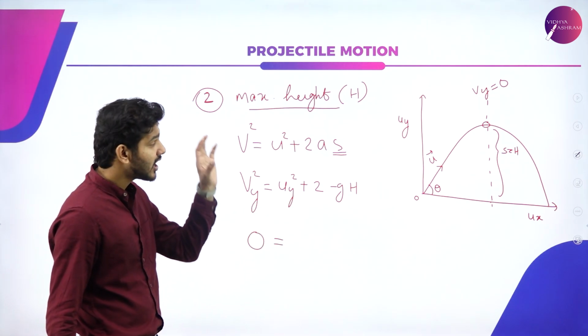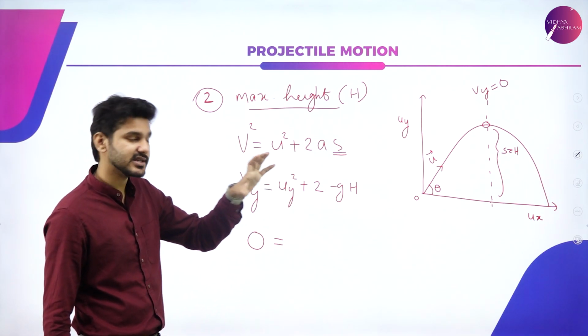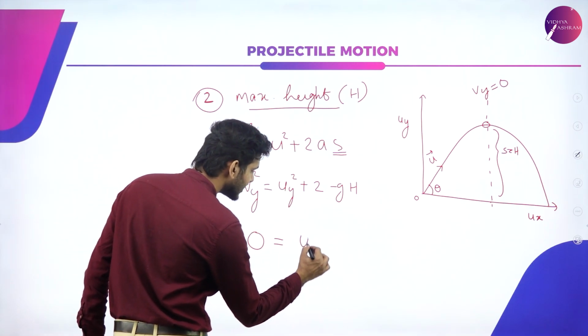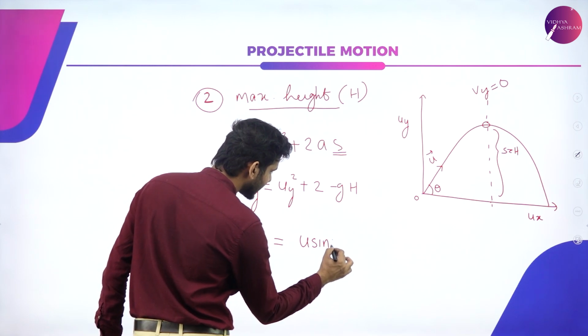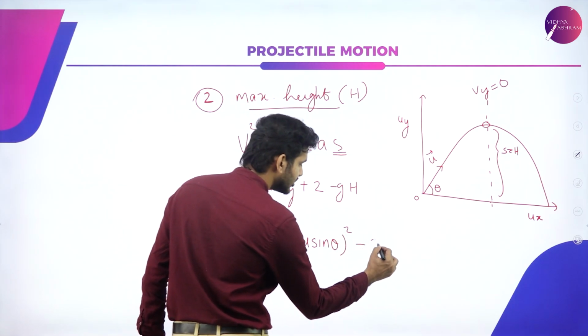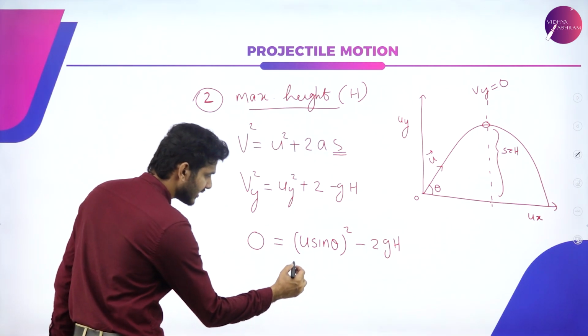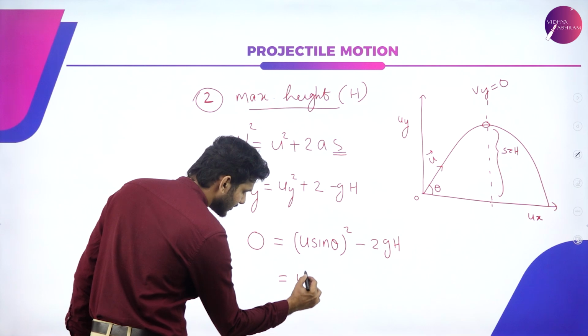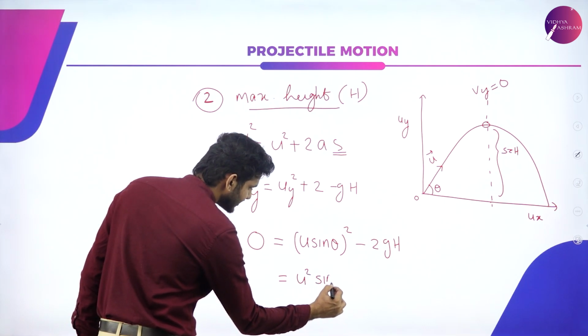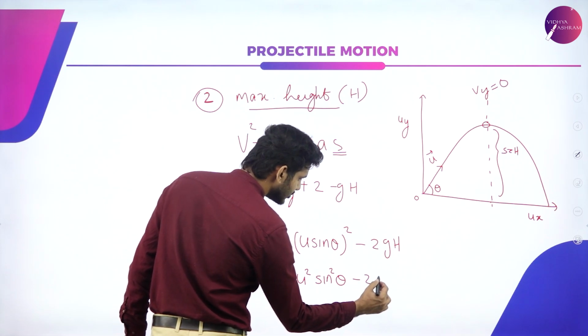We know that uy will be equal to u sine theta, just like in the previous case. So (u sine theta) whole square minus 2gh. Now, when we square this, it becomes u square sine square theta minus 2gh.